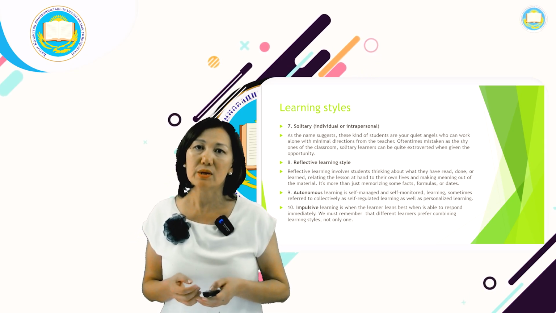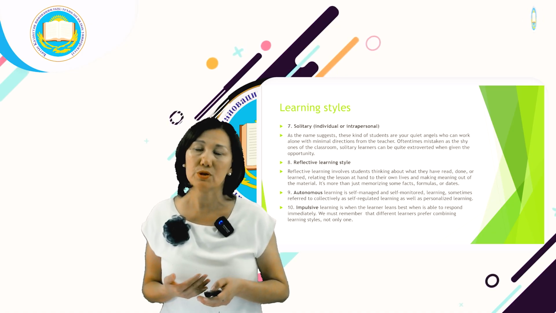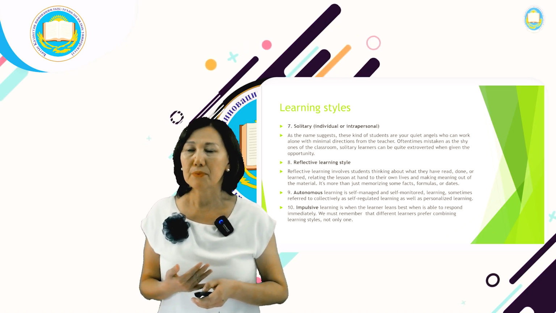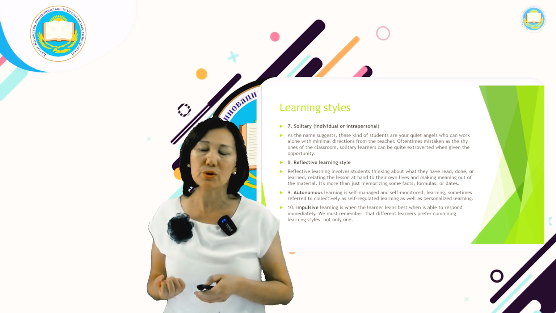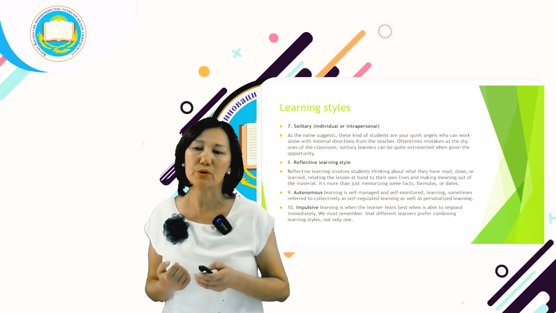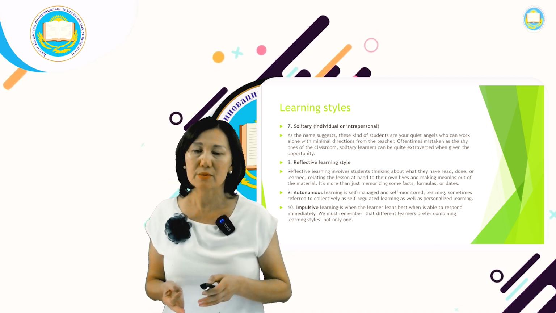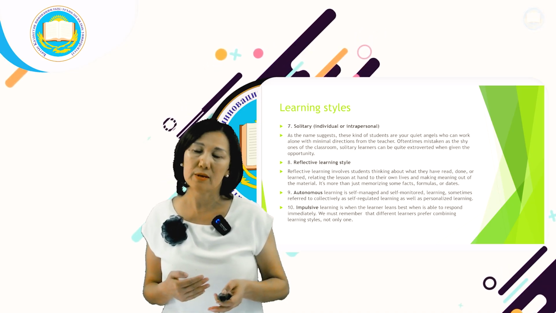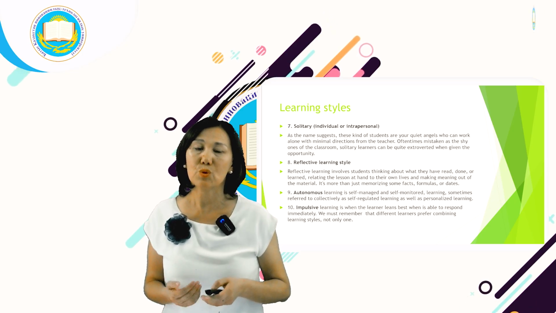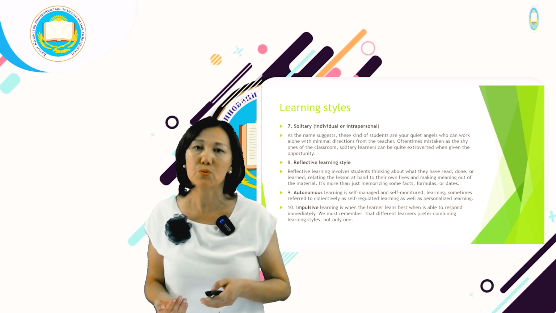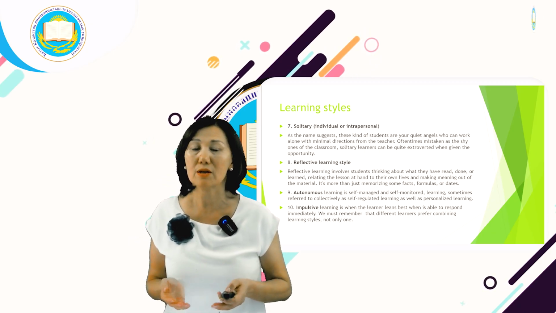The solitary learners can be quite extroverted when given the opportunity. I think that among your learners, you can also find individual learners who prefer to do different tasks at their own pace, but not communicating with each other. But still, as a teacher, I think that you have to somehow motivate them, not working alone, but interacting, because you are teaching the English language.